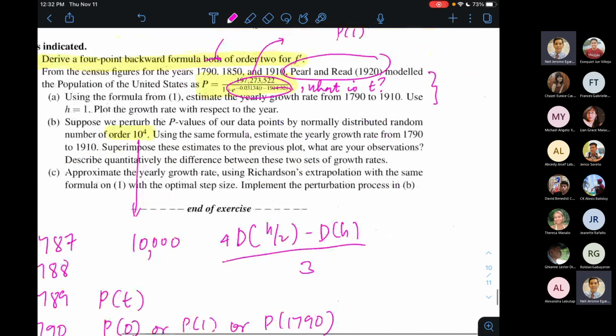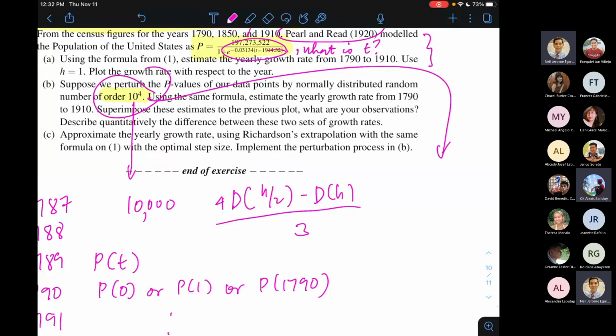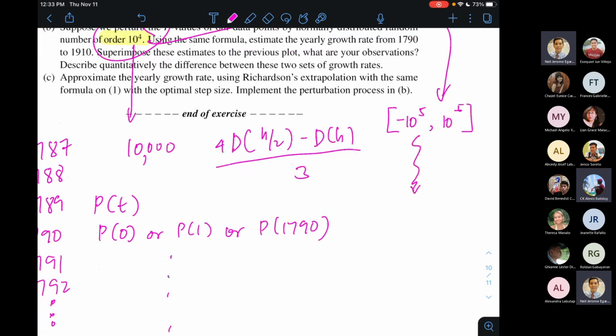Ganun din dito. So kung ang magnitude talaga ng perturbation ay 10 to the 4th, so you can pick a random number between negative 10 to the 5th and positive 10 to the 5th. Kasi pag kumuha ka dito ng number, for instance, si 3 times 10 to the 4th ay nasa loob nitong interval na to.